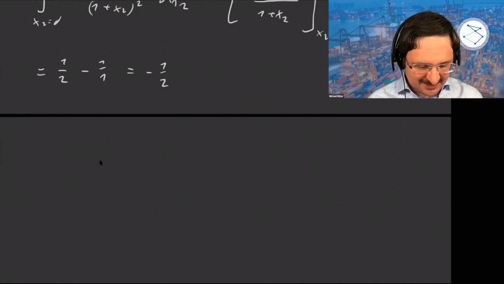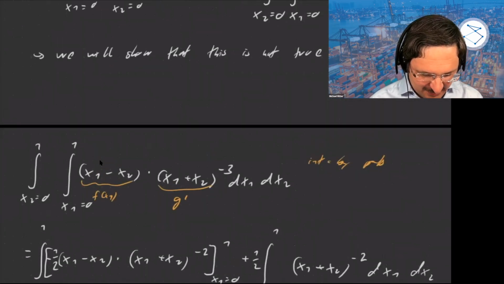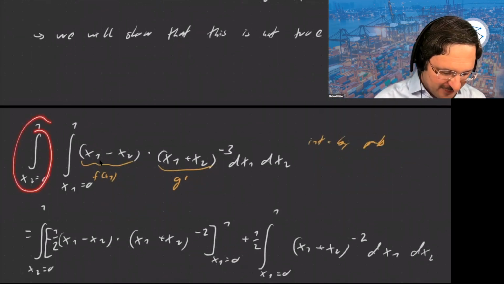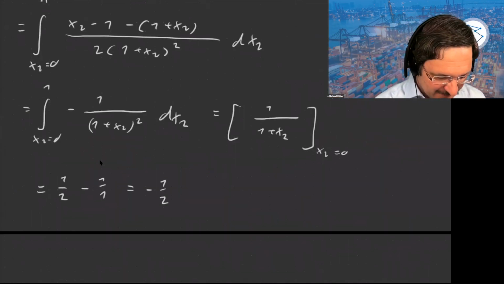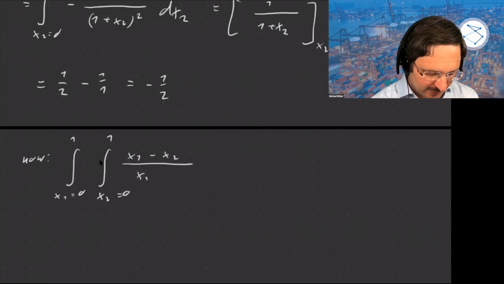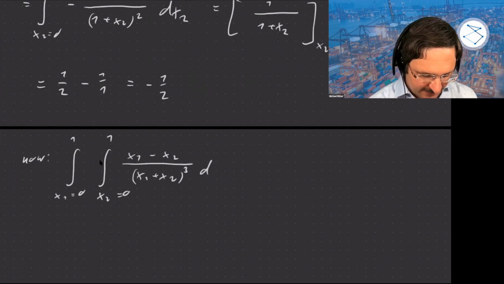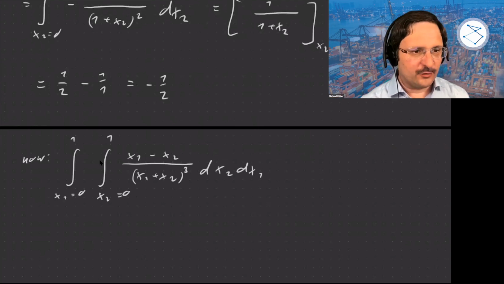Okay, so we have computed the integral with x2 being the outer integral, x1 being the inner integral. Let's try the other way around. So now we need to compute the integral with x1 being the outer integral, x2 being the inner integral of (x1 minus x2) over (x1 plus x2) to the power of 3, dx2 dx1.